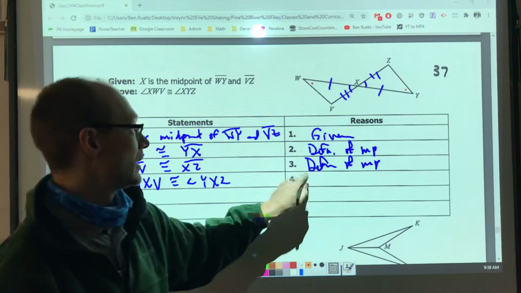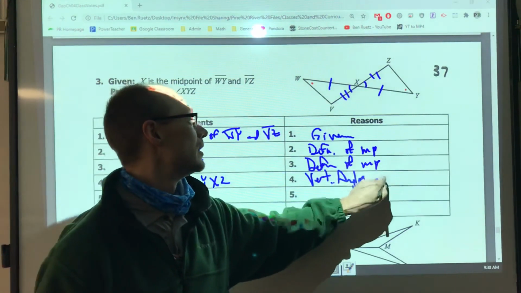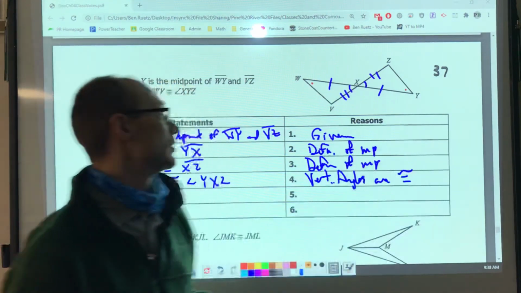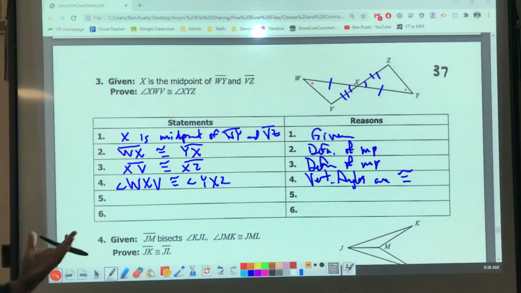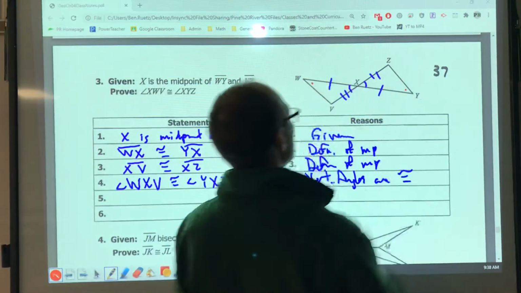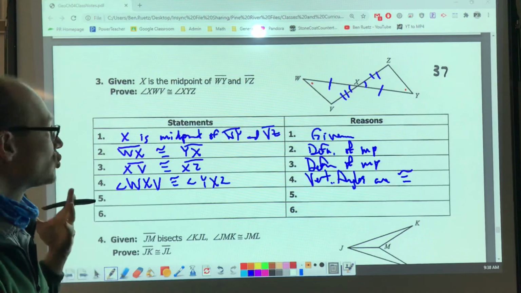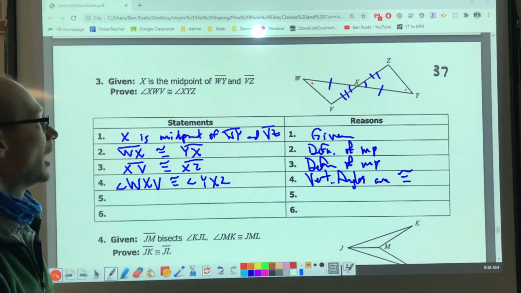And that's true because vertical angles are congruent. And now I have a side, an angle, and a side. So now I can say that the triangles themselves are congruent.